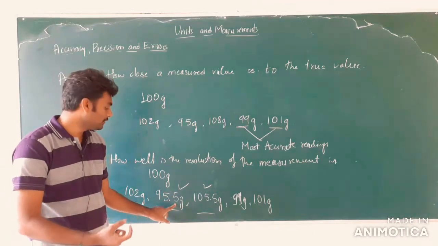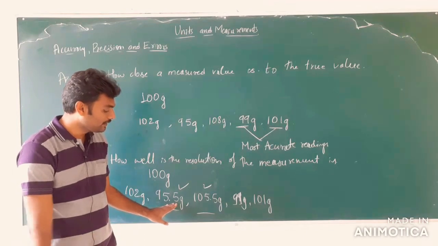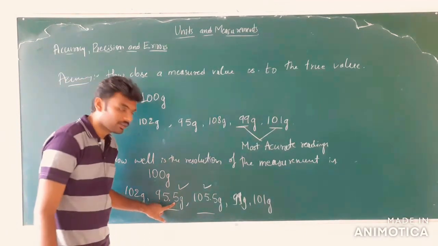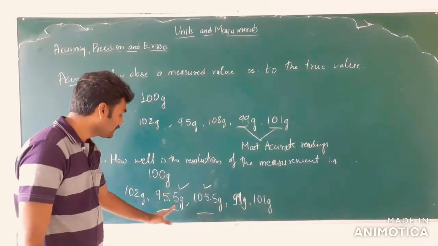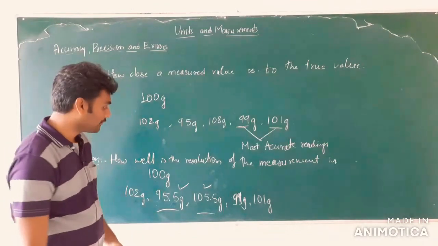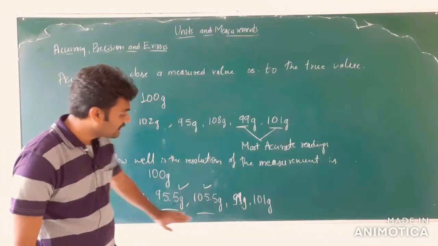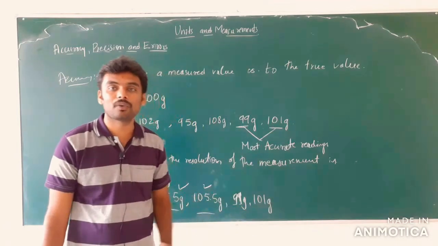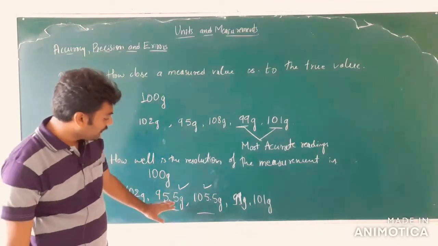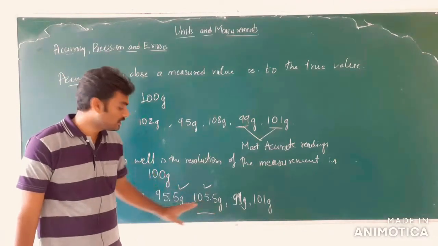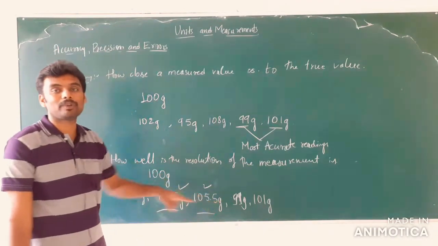A decimal place is introduced here. We have one decimal place, so we can get the reading as 95.1, 95.2, 95.3 like that. You don't have such readings here, right? It's only 99 gram fixed, 101 gram fixed. So here it is 95.5, 105.5. These two are more precise compared to the others.